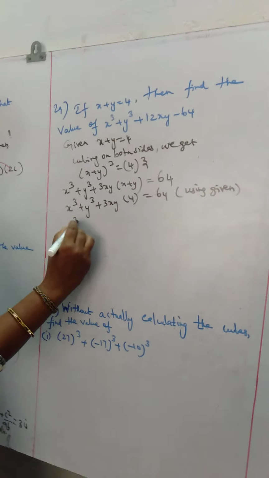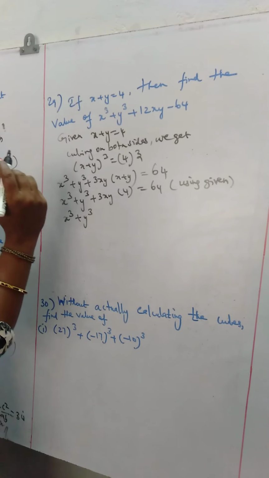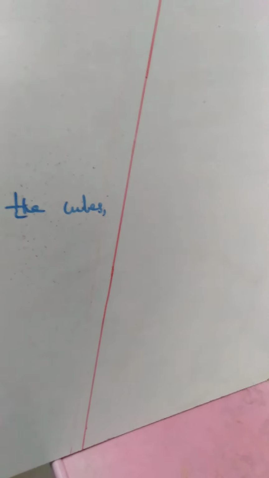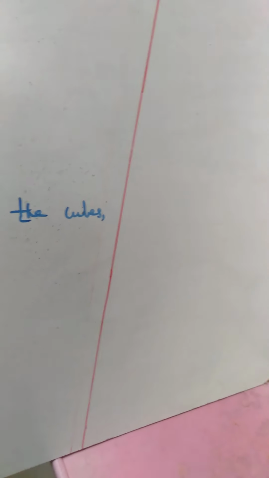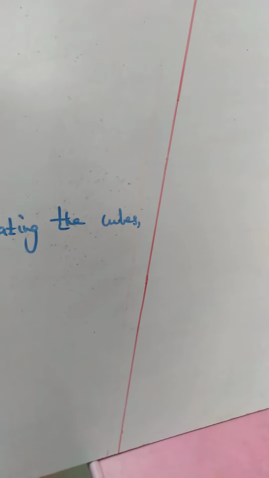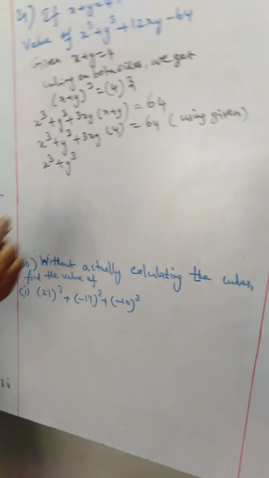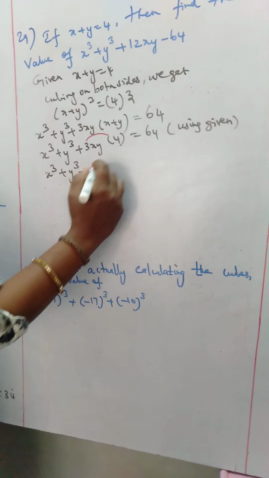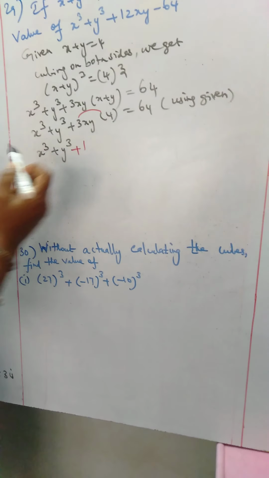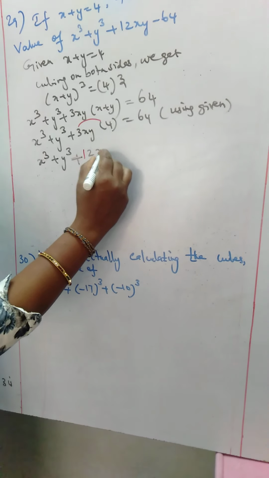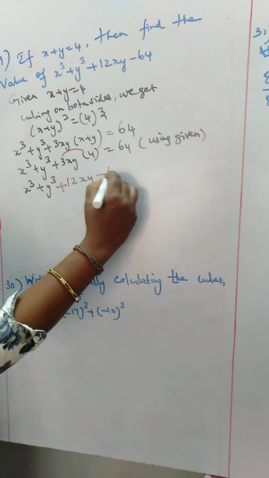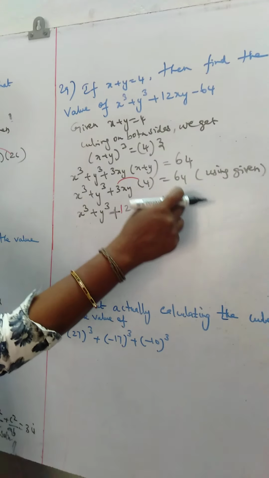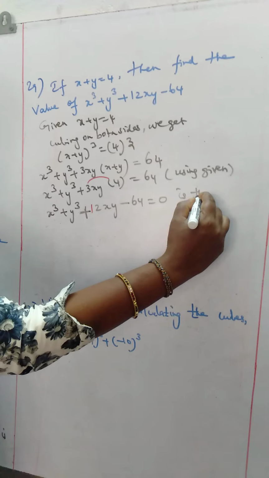So this can be written as x cube plus y cube plus 3 into 4, that is 12xy, then bring this minus 64 to this side, then it will become 0. The value of x cube plus y cube plus 12xy minus 64 equal to 0, which is the required solution.